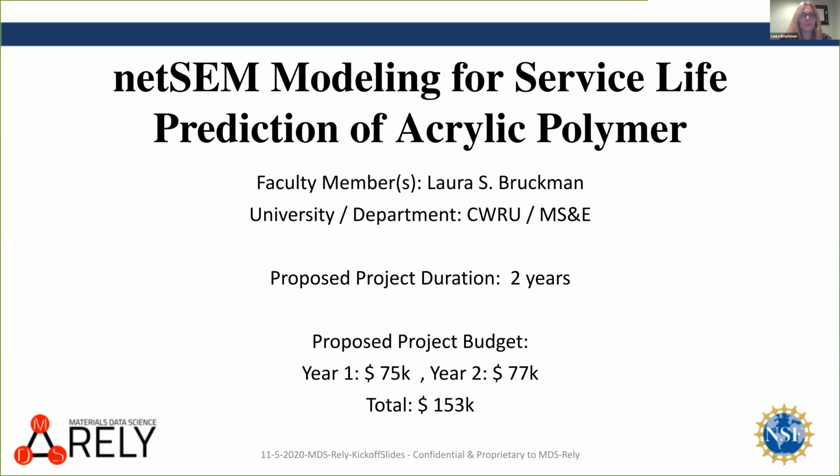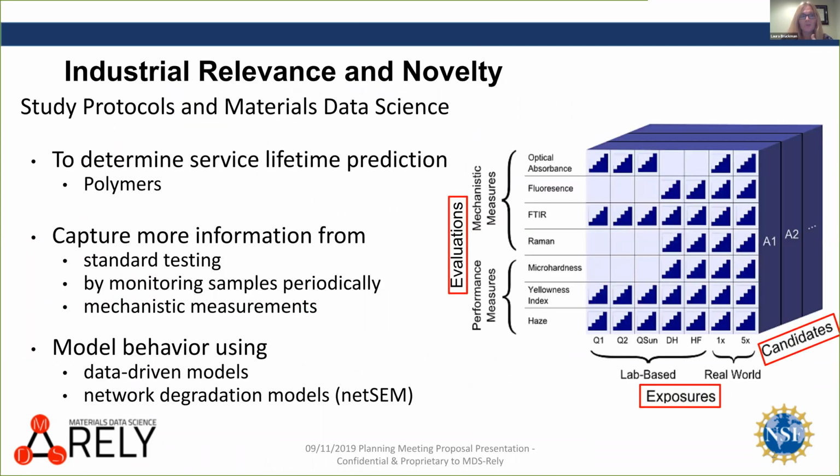So the point of this project would be to develop study protocols that allow us to perform materials data science on polymers and therefore determine the service lifetime prediction, capture more information about these polymers, and then model their behavior in data-driven models or network models.